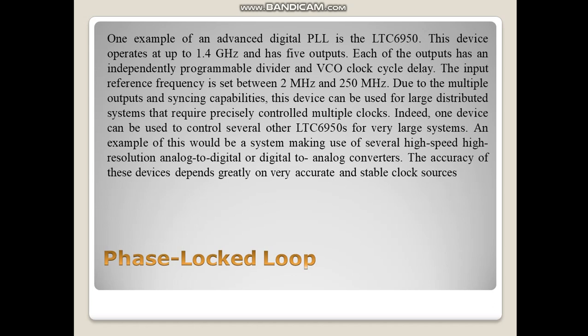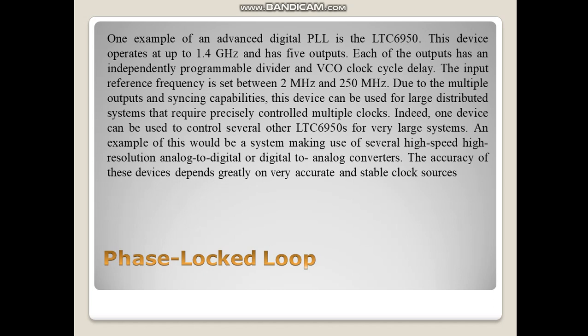One example of an advanced digital PLL is the LTC6950. This device operates up to 1.4 GHz and has 5 outputs. Now the point to be discussed here is that the comparator is not suited for high bandwidths.